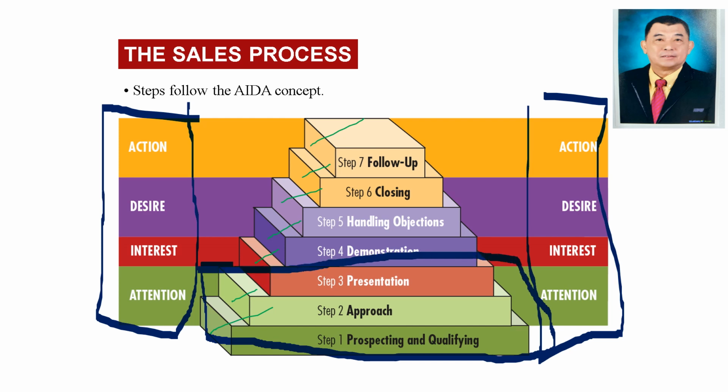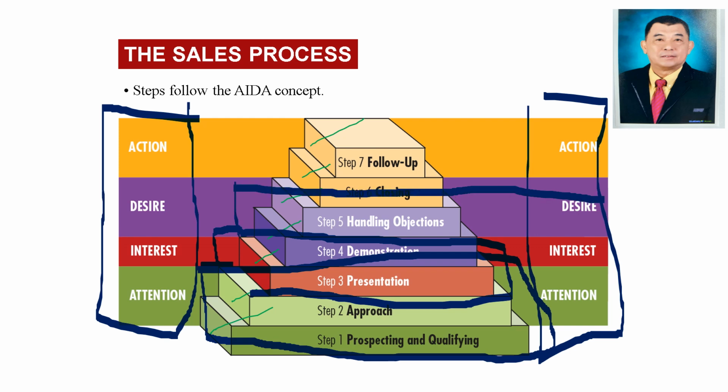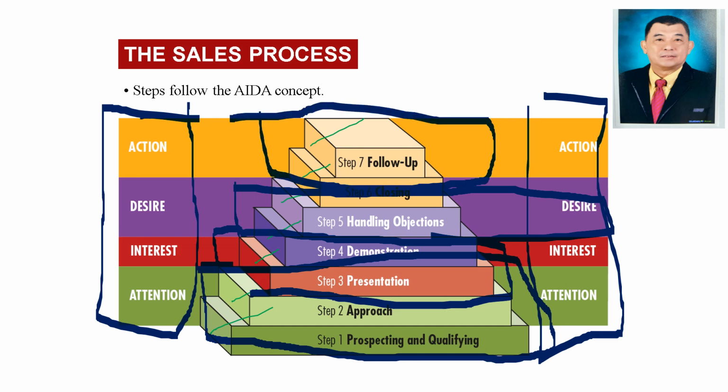In the interest stage, you have step number 3, presentation again, and part of step 4, demonstration. The desire stage consists of step 4, step 5, and step 6. And the action stage includes step 6 and 7. So those are the sales process and how AIDA can be applied in each specific stage of the AIDA model.